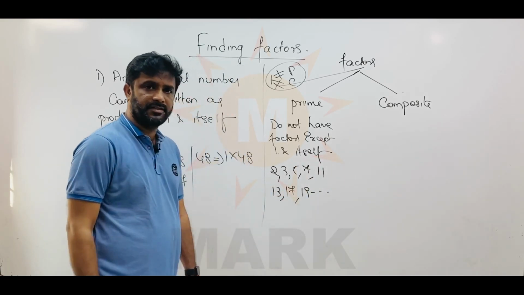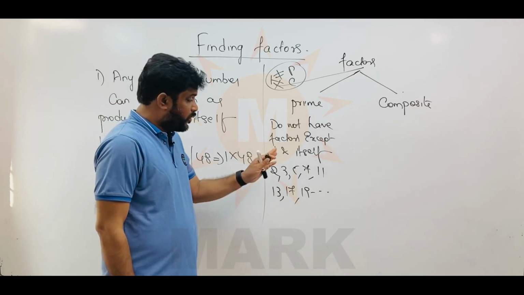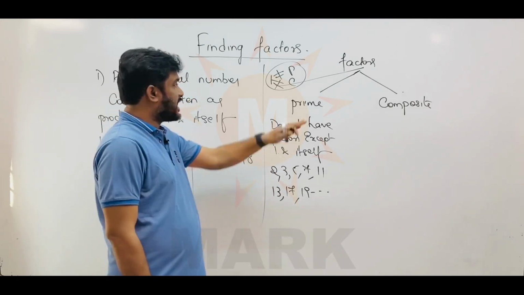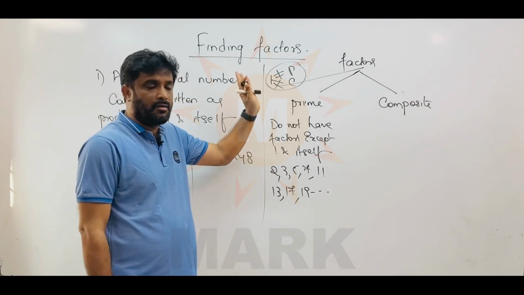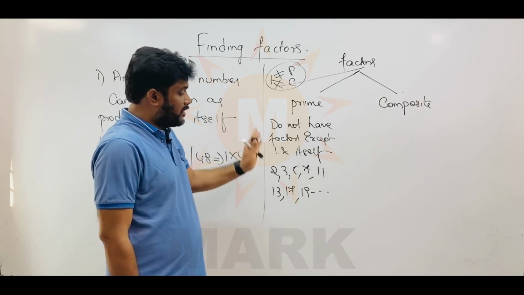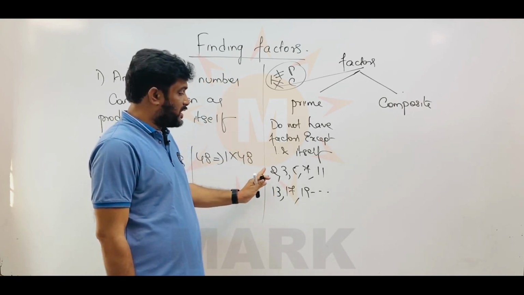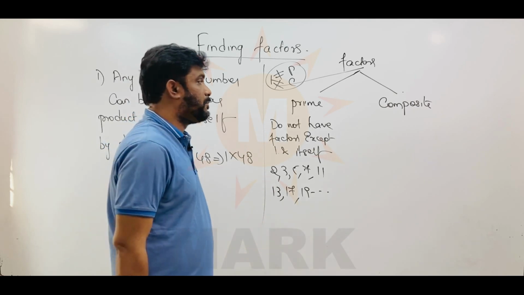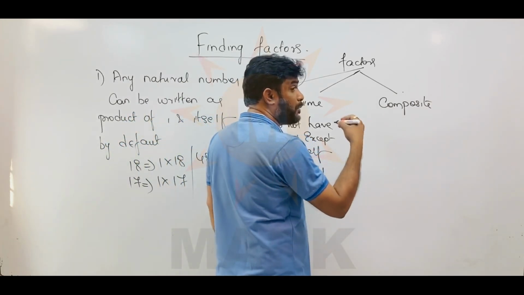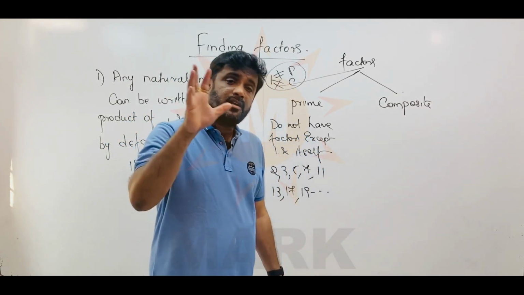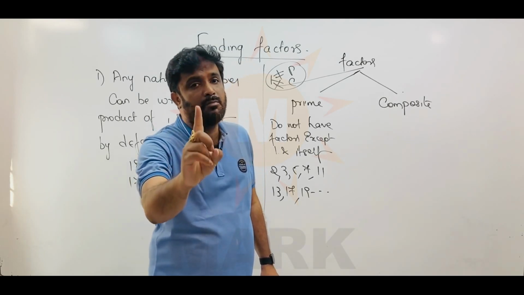These are prime numbers. Whatever are not prime numbers, except one, which is neither a prime number nor a composite number, are called composite numbers. What is the property of composite numbers? Apart from one and itself, at least one more factor they will have.